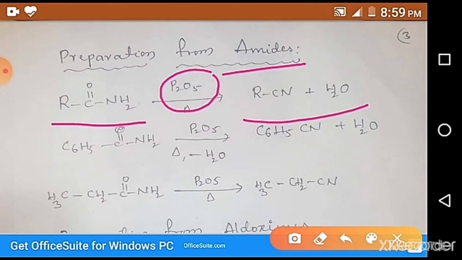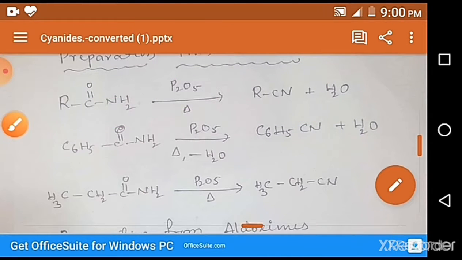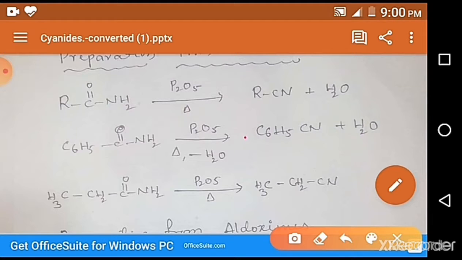When amides react with or pass through phosphorus pentoxide, they undergo dehydration, losing H2O, so we get cyanides. It is a dehydration reaction.